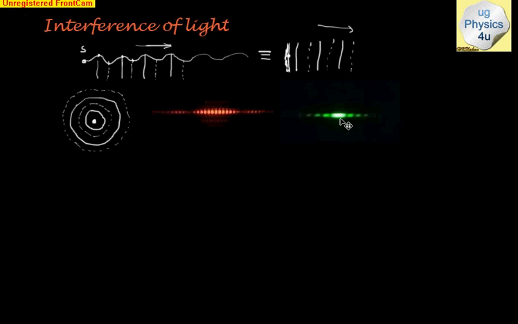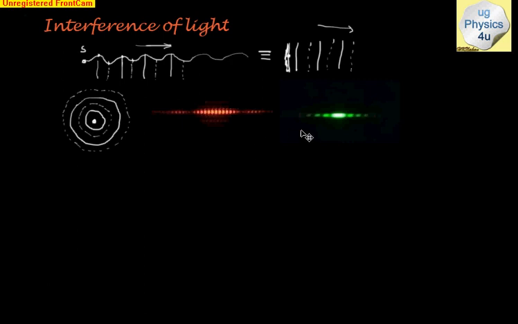Similarly here also you can find this is a central maximum, central brightness, then this is another brightness, but in between we have darkness. Such patterns are called interference patterns of light, and these are produced when two waves from special kinds of sources of light mix together or superimpose, and they produce such a pattern on the screen.